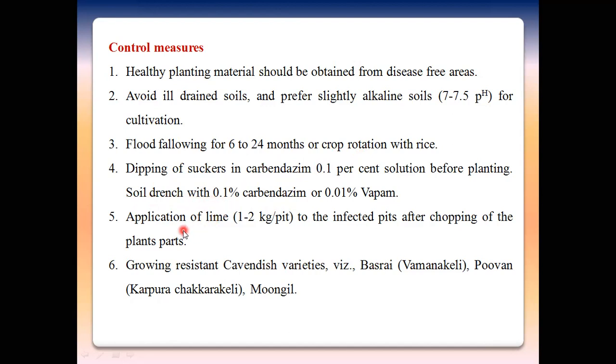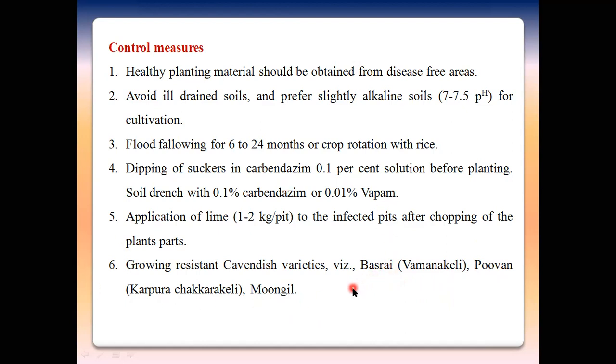Also, before the actual planting of banana seedlings or suckers, apply lime, 1 to 2 kg per feet, to the infected fields after chopping the planting parts. Then grow resistant varieties, that is Basrai, Poovan and Monthan. These varieties are somewhat tolerant to this Fusarium wilt disease.